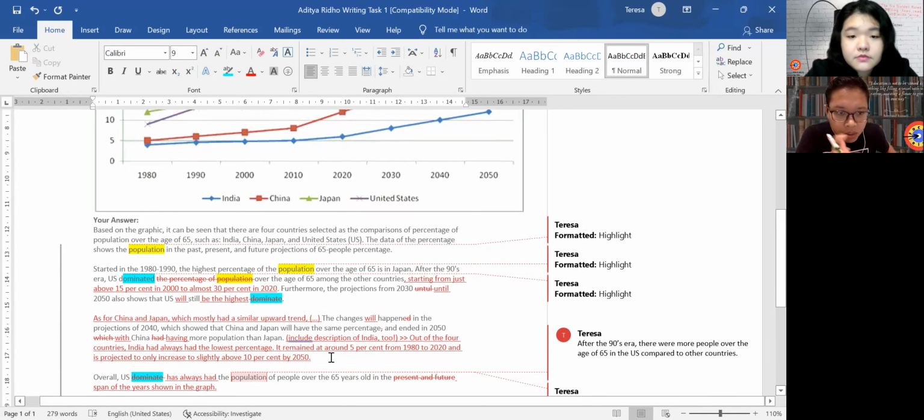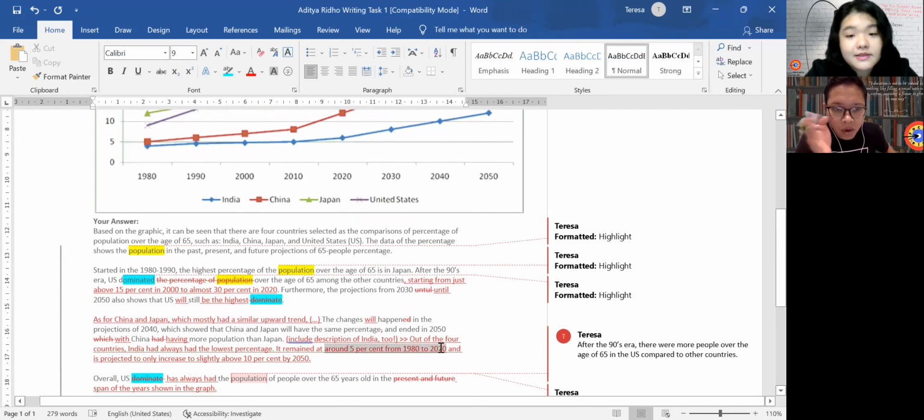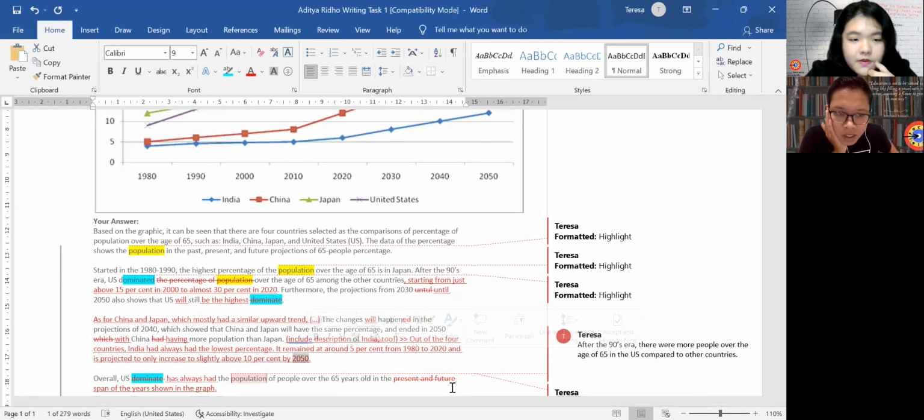Kak Teresa, is it "it remained" or "it is remained", because you use "is projected"? It's the past, so "remained". And "is projected" because we project it now, in the present tense, even though 2050 is in the future.